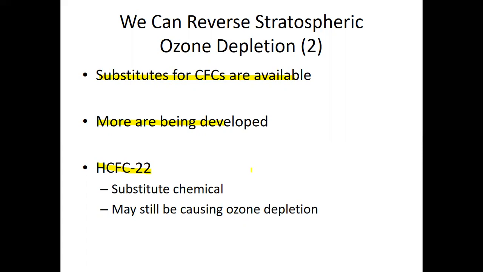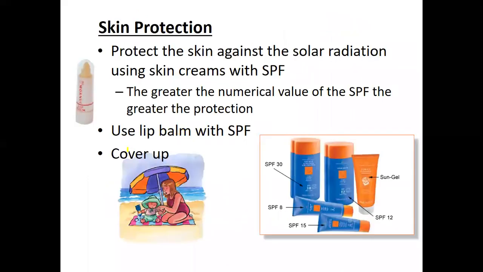Then 1 represents the carbon atom, H the hydrogen atom, F the fluorine atoms. So there is one carbon, one hydrogen, two fluorine, and one chlorine. So the chemical formula is CHF2Cl. Maybe sometimes they can still cause ozone depletion, but not to the level of chlorofluorocarbon.